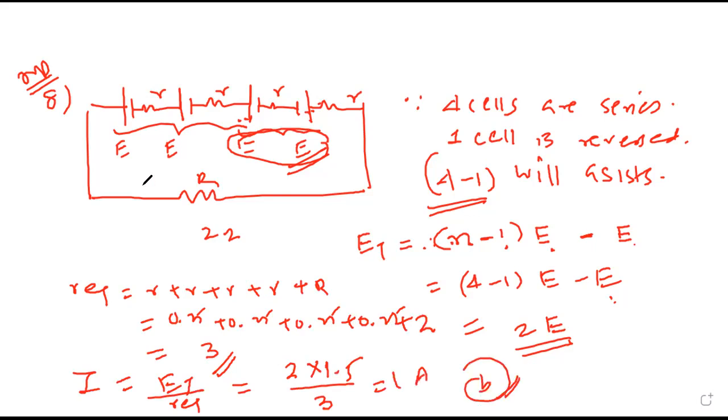This is also a difficult sum in concept. If you remember that reverse means it will oppose, so 2 will vanish, not only 1. 1 is reversed, but it will cancel another one also.